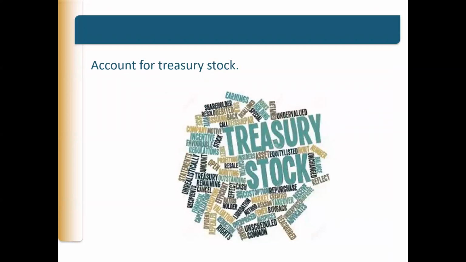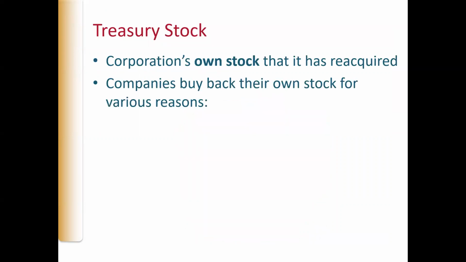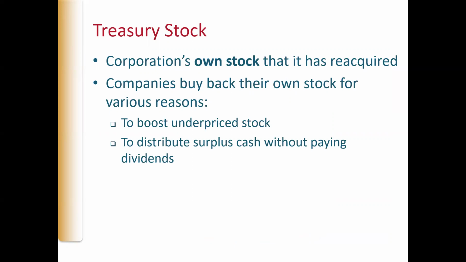Now, here is one of the main focuses of this chapter, dealing with treasury stock. Remember, treasury stock is when a corporation's own stock is purchased by the corporation out in the public, so it's been reacquired. They buy their own stock back for a variety of reasons. Sometimes they have free money that they don't want to pay out as dividends, so they're going to use it to buy up stock.